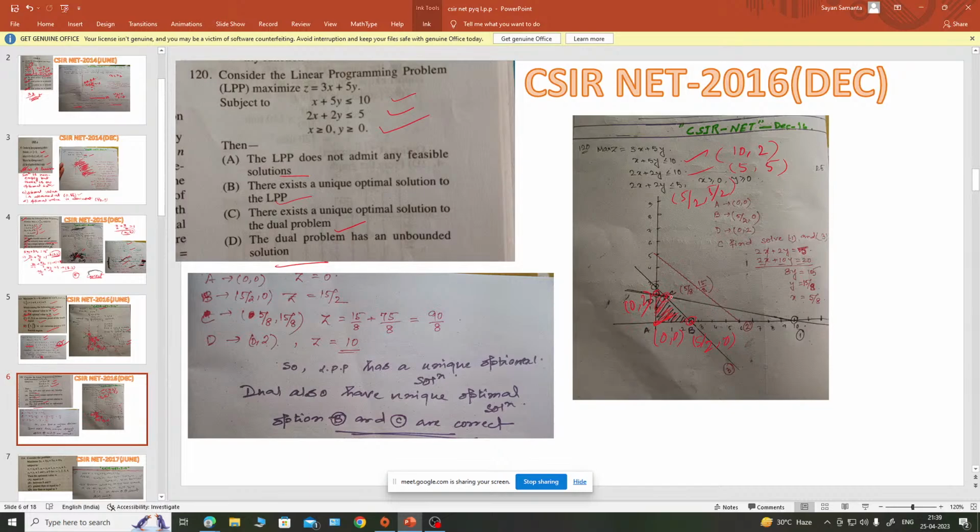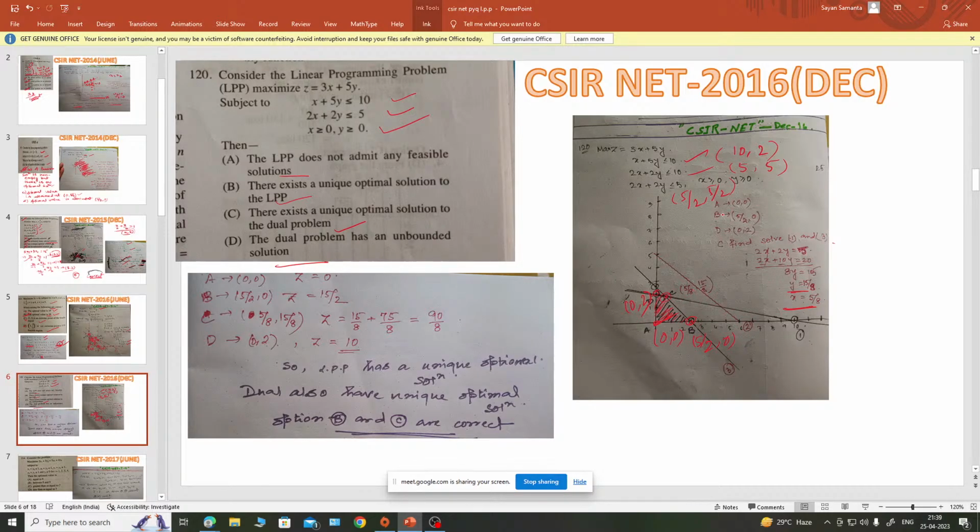Now C is the cut point of equation 1 and 2. So we solve equation 1 and 2, and we get x equals 5 by 8 and y equals 15 by 8. So this is our C point value. Okay, is it clear to everyone?